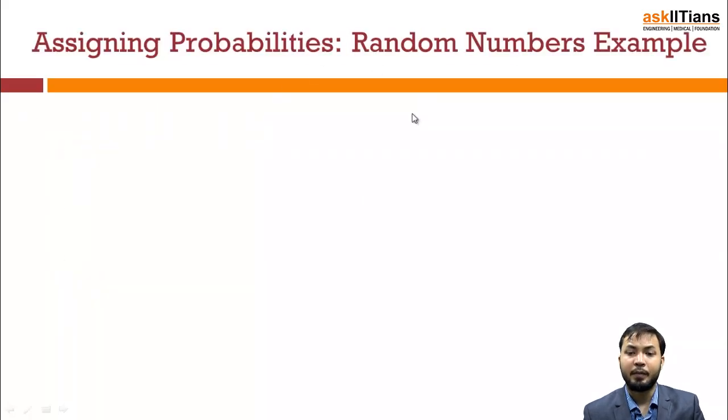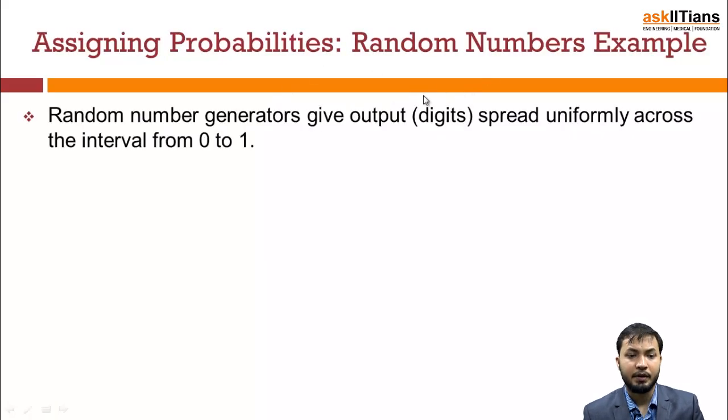Now assigning probability for random number examples. Random number generators give outputs spread uniformly across the interval 0 to 1. Basically, randomness can be defined in no other way than that it spreads over the scale of 0 to 1.